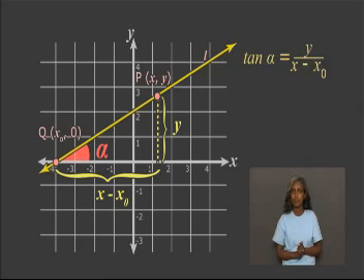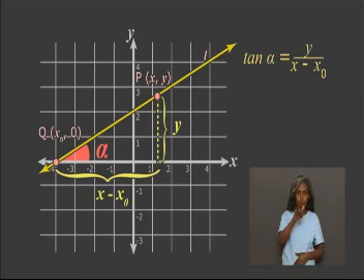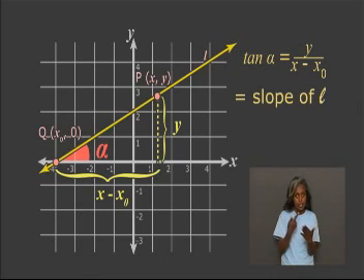The tan of alpha is found by taking y over x minus x0. This is the same formula for finding the slope of the line. Therefore, the slope of the line is equal to the tan of alpha.